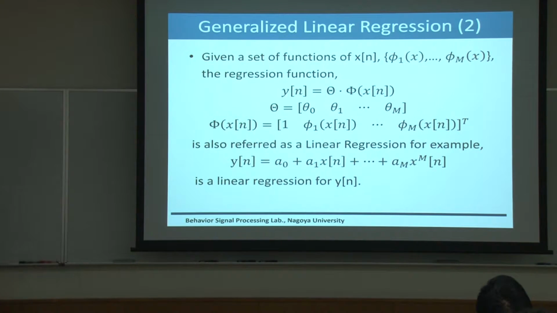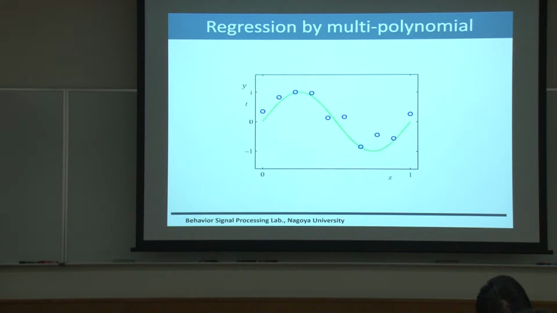Okay, so if you know these notations, then we can do the same thing. By the way, this is the polynomial regression result taken from the very famous book. Probably some of you have studied that book written by Bishop.